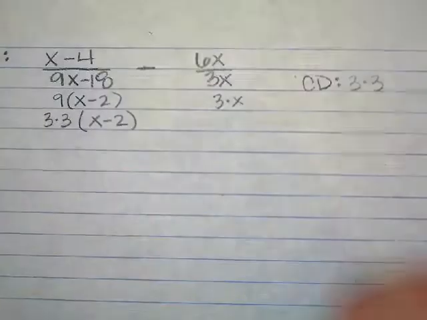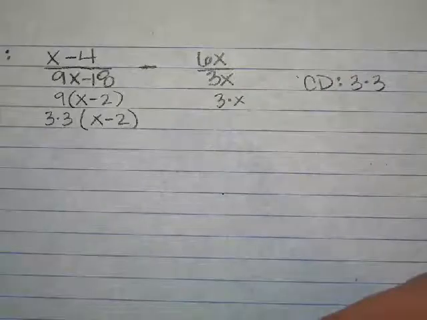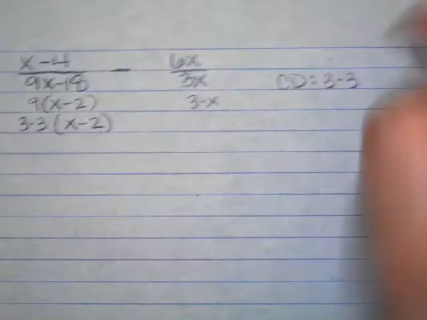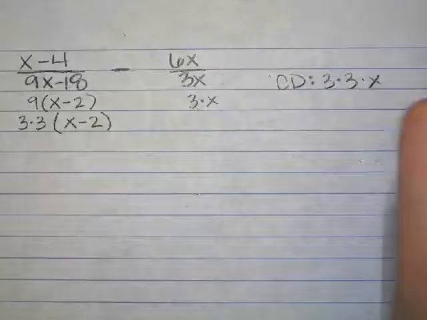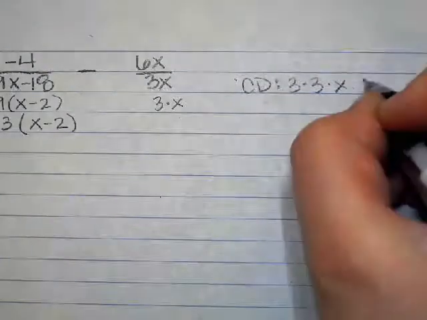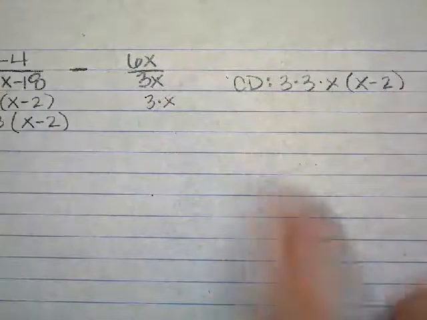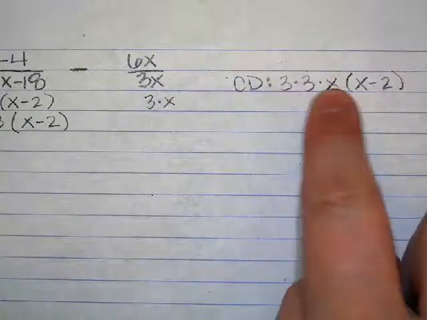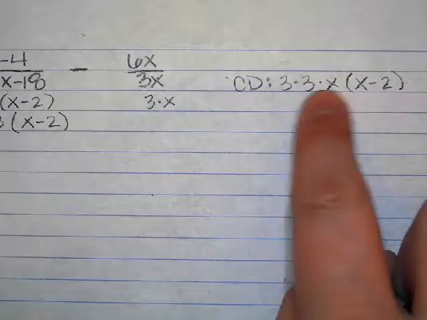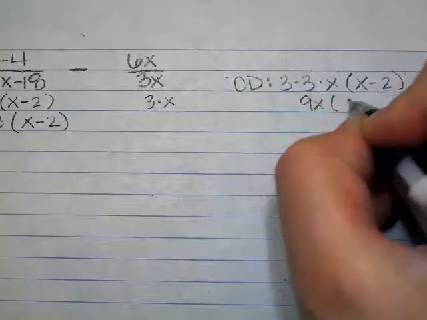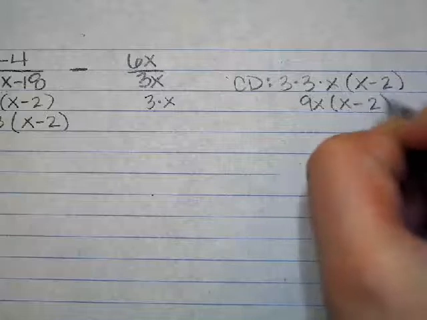And then what else are we going to need? We're going to need an x, because the one on the right has an x. And then we're going to need an x minus 2, because the one on the left has an x minus 2. So if we multiply the stuff in the front, what is that? 9x(x minus 2). So that's what our denominator is going to be.